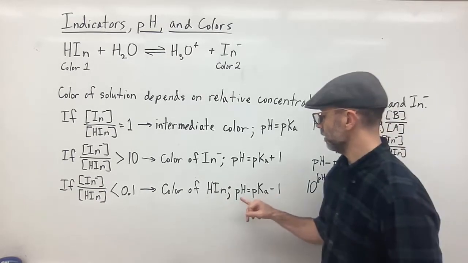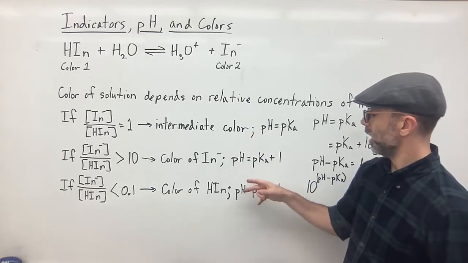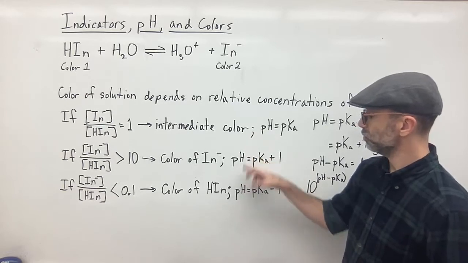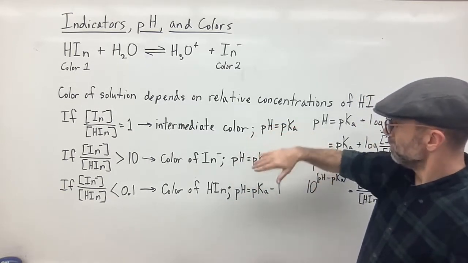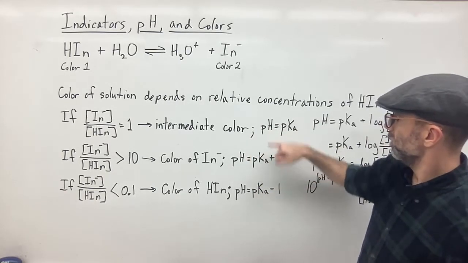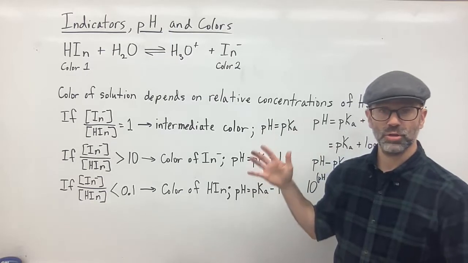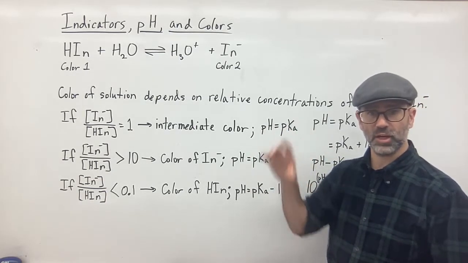So if the pH of the solution changes in a two-point range, it can change color in that transition. It would take 2 pH points on the pH scale to change the color.